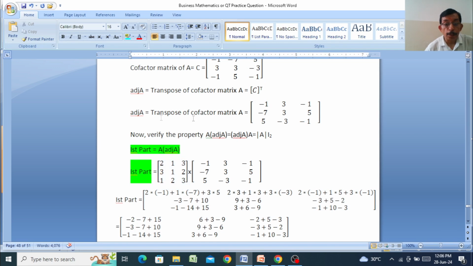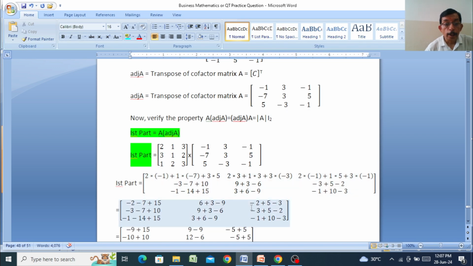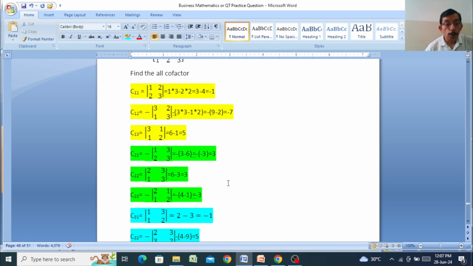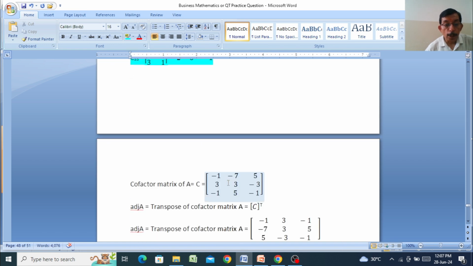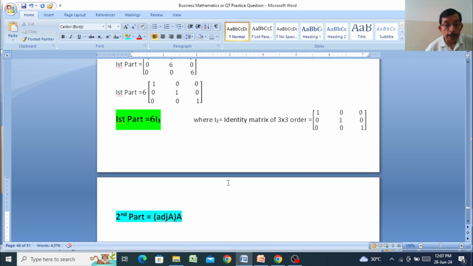What is the adjoint A value? This is the adjoint A value, noted down here, and A value is also given in the question. Both values are put in the second part. Is that clear, everyone?